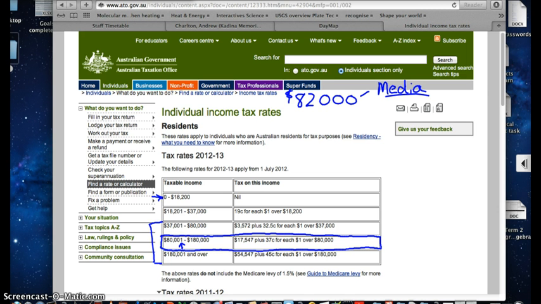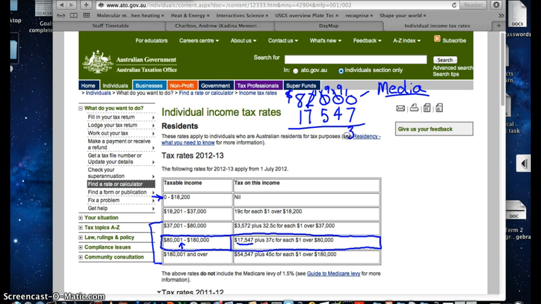So what this box is saying to you is that out of your $82,000, you're going to have to pay $17,547 of that to the government. Okay, so you never see that, $17,547. You never actually see that money.